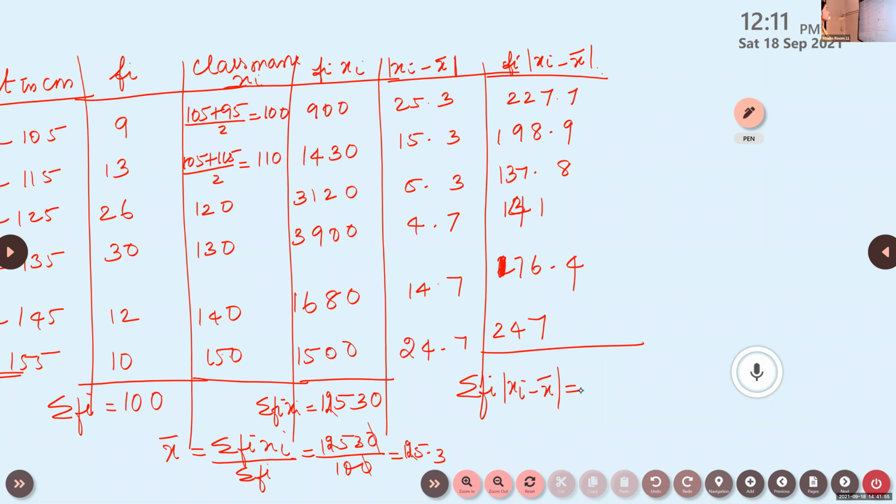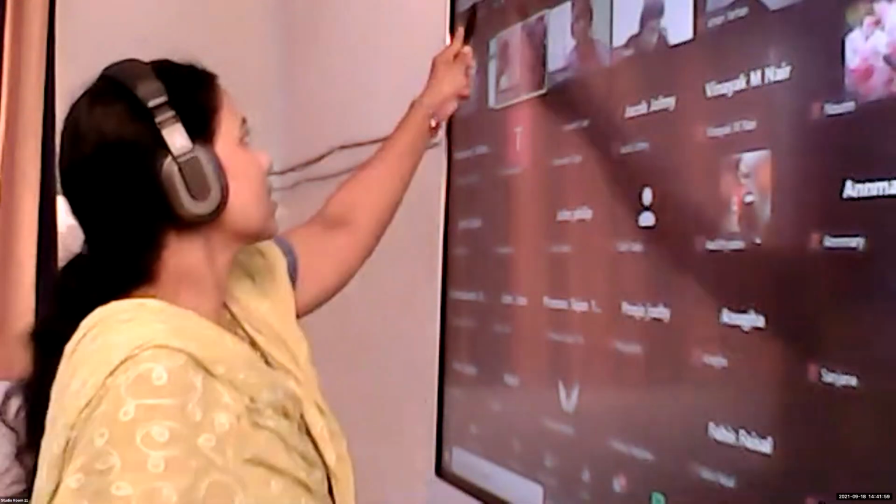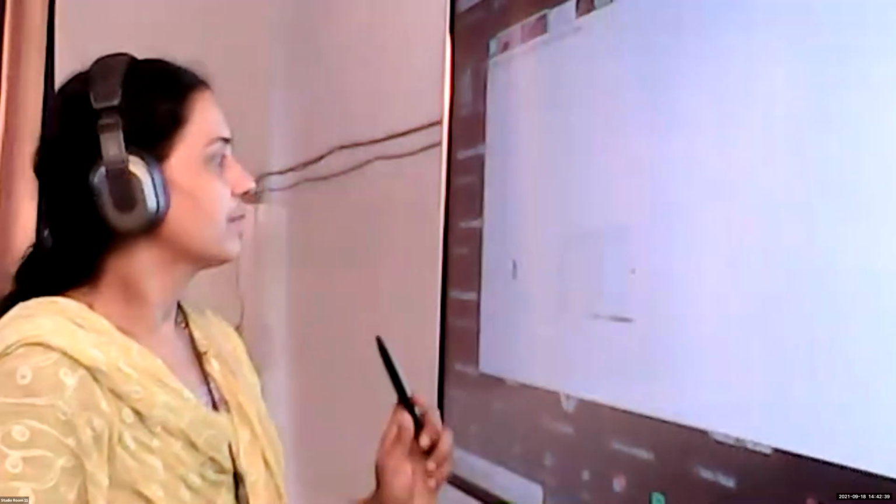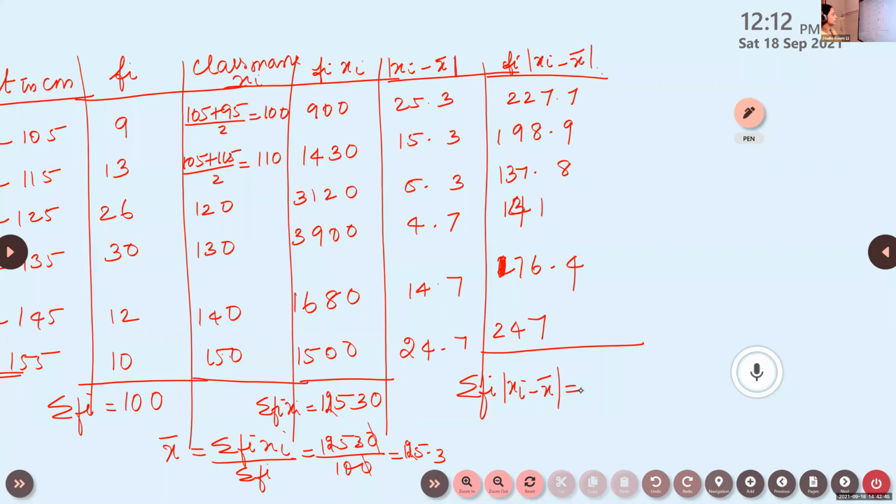See, for the exam, if this question from statistics is asked, I'll suggest make it fast. What is fi into xi minus x bar?